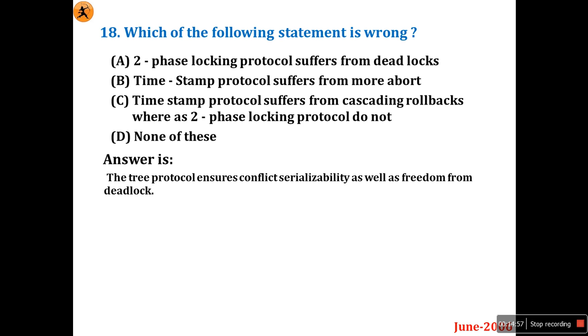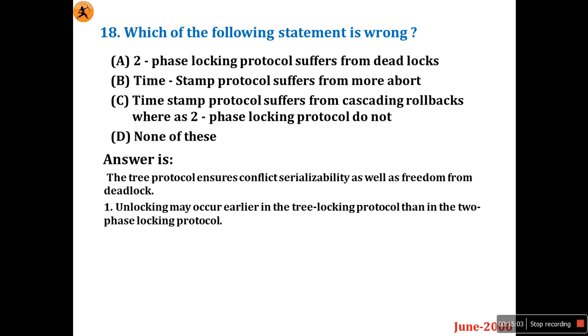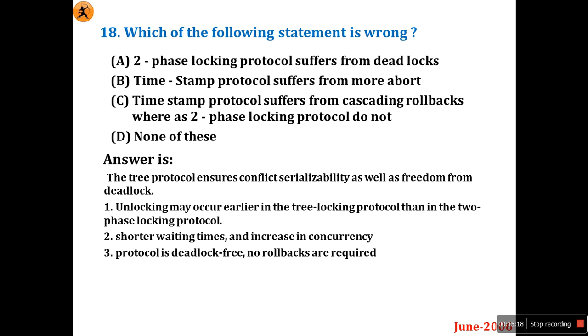Then we'll see: a tree protocol ensures conflict serializability as well as freedom from deadlock. Unlocking may occur earlier in the tree locking protocol than in the two-phase locking protocol, giving shorter waiting times and increased concurrency. The protocol is deadlock free, no rollbacks are required.